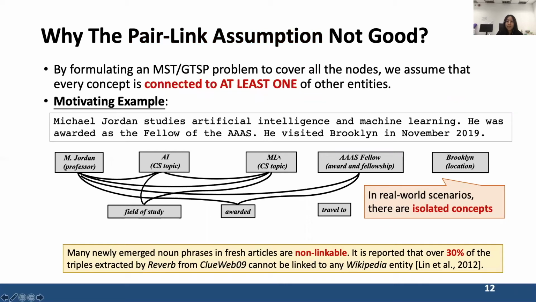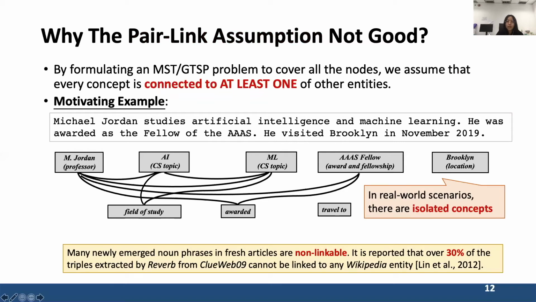However, the pair-link assumption is still not satisfactory. By formulating an MST or GTSP problem to cover all the nodes, we assume that every entity is connected to at least one of the other entities. But in real-world scenarios, especially the joint entity and relation linking task, there are isolated concepts that are not connected to any other concepts.